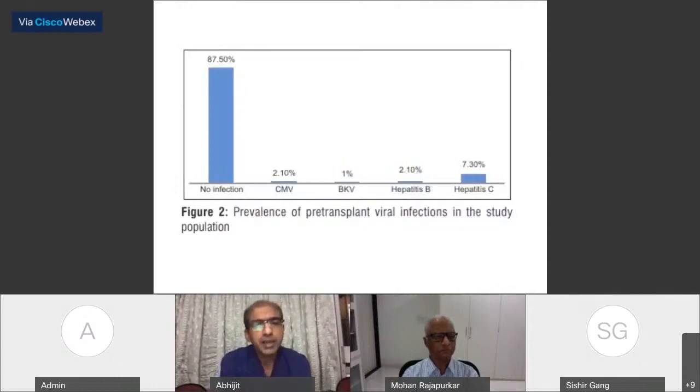Prevalence of pre-transplant viral infection in the study population usually consisted of hepatitis C virus, which was treated for these patients in most of our subsets, around 7%. 2% were Hep B positive, 2% CMV, surprisingly, and BKV 1%, and 87% of the patients did not have any infections.